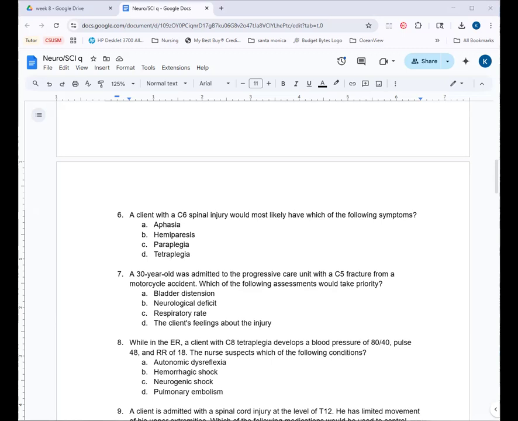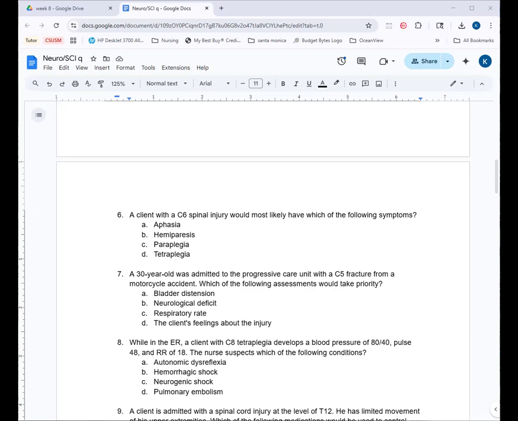All right. Anyone else want to put an educated assumption and share our feelings today? Cool beans, guys. Yeah, so for number 6, it's going to be tetraplegia.